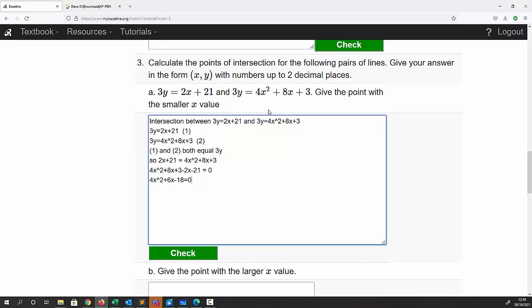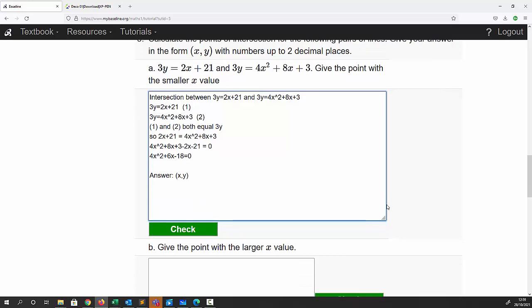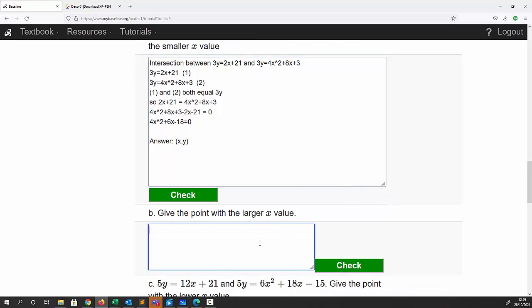So you're going to do some arithmetic, and then down here you're going to end up with answer, and it's going to be an x value, which is the smaller x value, and a y value. And then in the next one, what would I write here? I'd say from above. Then I'd say answer will be an x value and a y value.